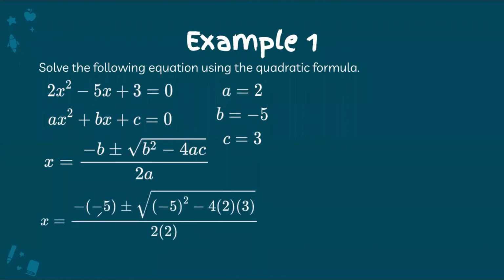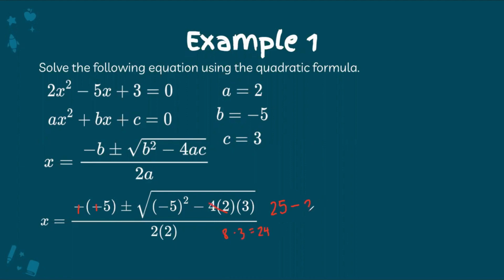The negative times the negative 5 would cancel out, and that would give you positive 5, and then plus or minus the square root of negative 5 squared, which would just be positive 25, and then minus 4 times 2 would be 8, and then times 3 would equal 24.